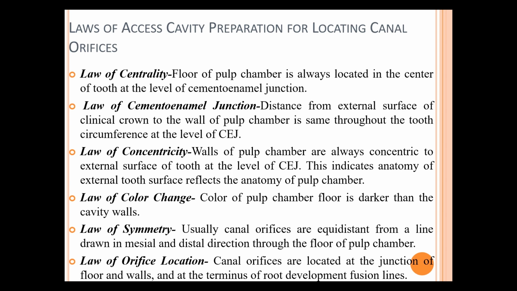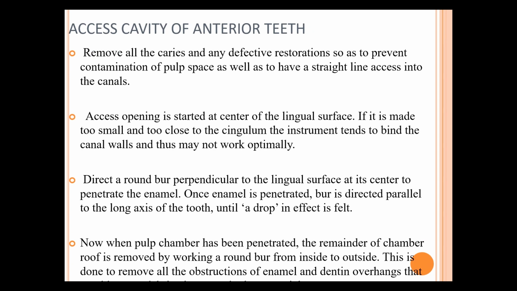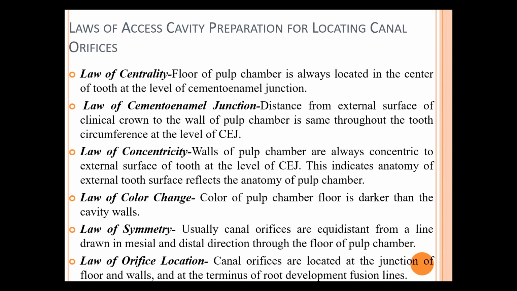Then the law of concentricity. The walls of the pulp chamber are always concentric to the external surface of the tooth at the level of the CEJ. This indicates that the anatomy of the external tooth surface reflects the anatomy of the pulp chamber. Law of color change: the color of the pulp chamber floor is darker than the cavity walls.